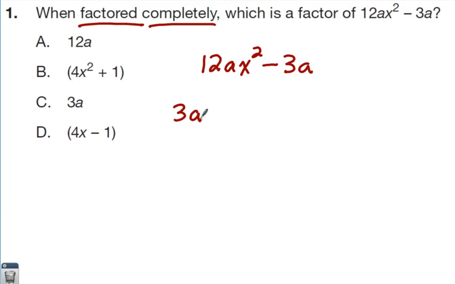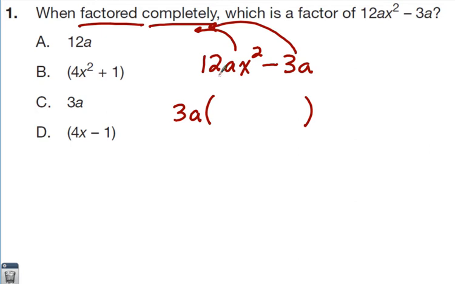That's the largest common factor. So we're going to take that out as a GCF. In other words, like undistribute from both terms and leave the remaining factors in the bubble here with the 3a out in front.